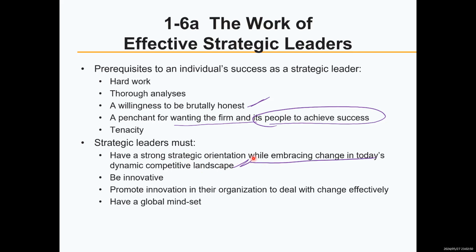They work really hard hours and face ambiguous decision situations, but they also have opportunities to dream and act in concert with a compelling vision that motivates others in creating competitive advantage. They have a high global mindset as well. All right.